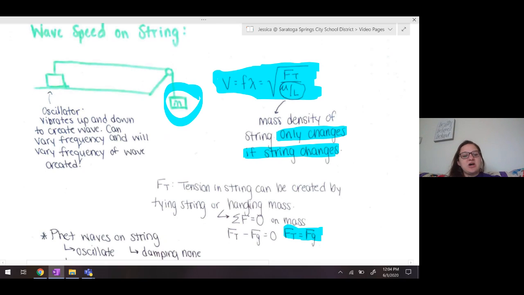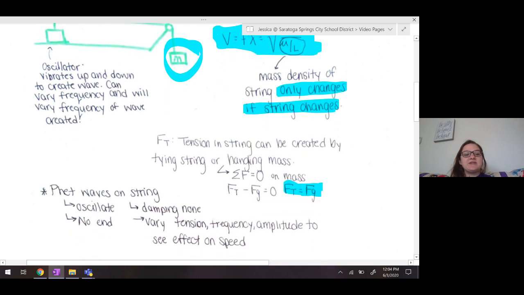Now I'm going to hop over to a simulation to look at how varying the oscillator's frequency can change the wavelength, and how changing the tension can change the speed. We'll also look at whether changing the amplitude affects the speed.